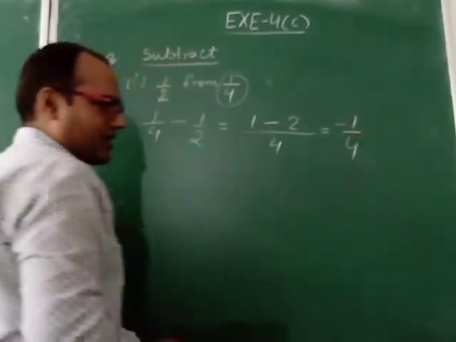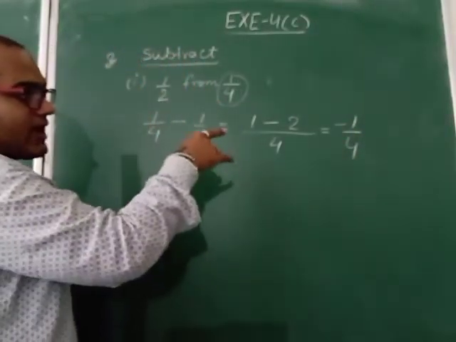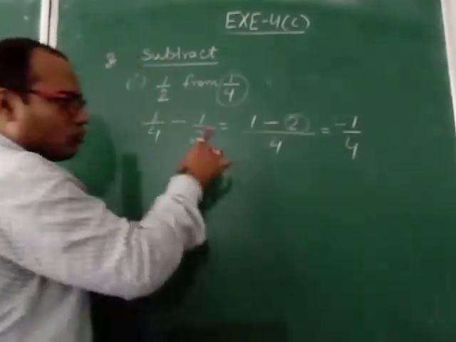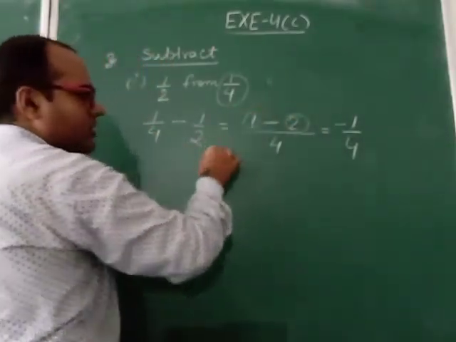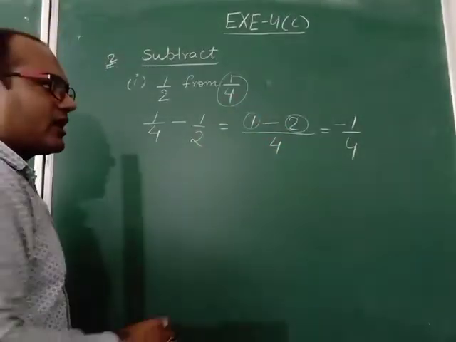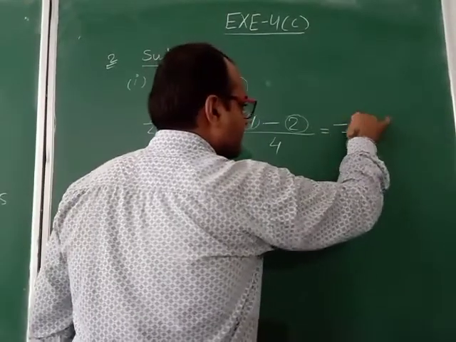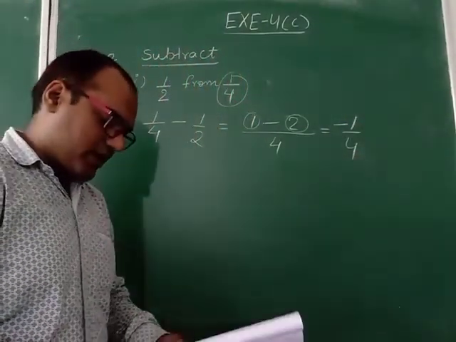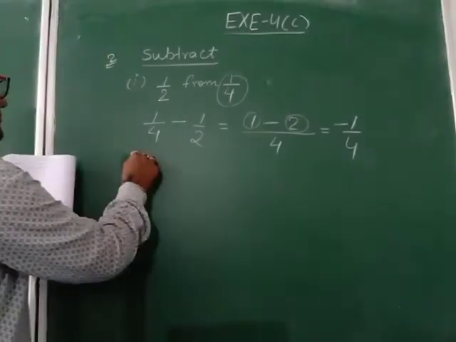Why did I put the minus sign here? Because 2 is greater and 1 is smaller, so we have to put the sign of the greater number. That's why I am writing the minus sign in the answer. So this is the answer of part number one. Now see another part, number two.